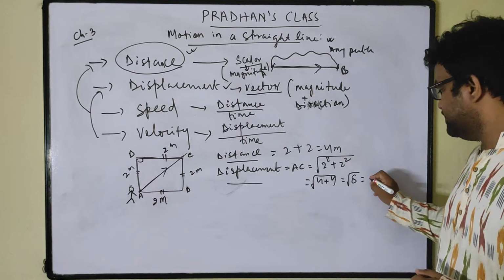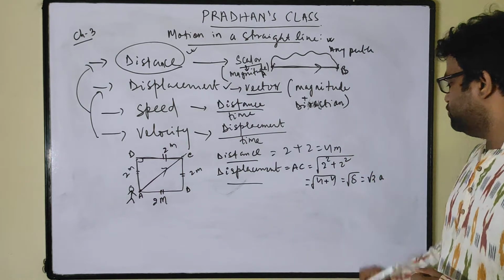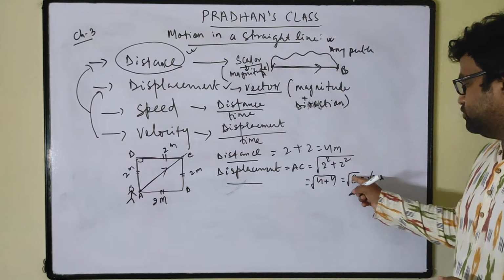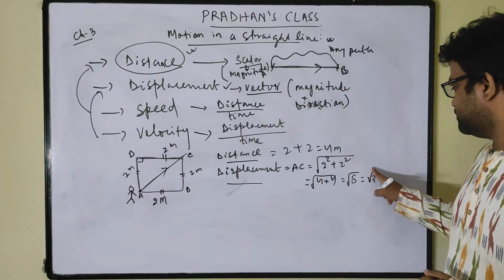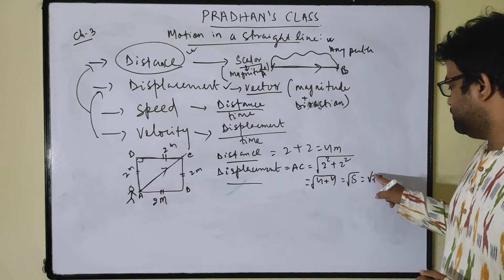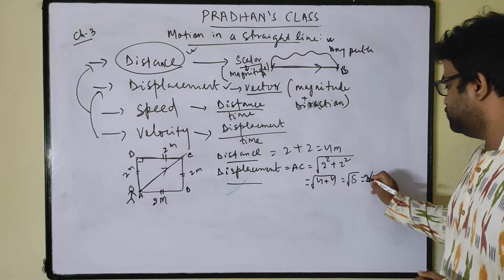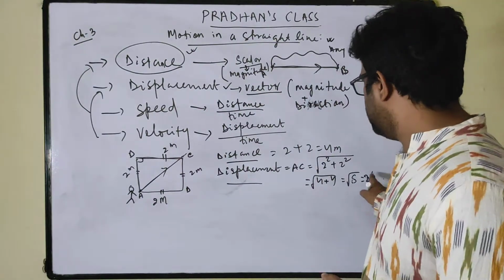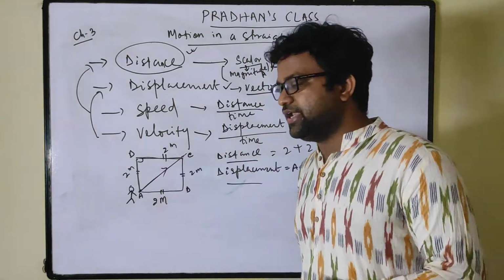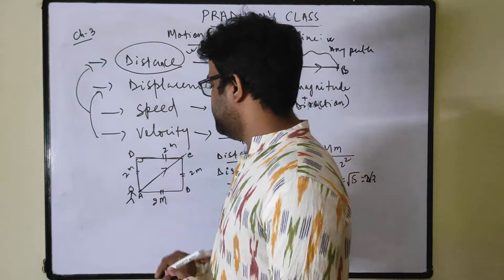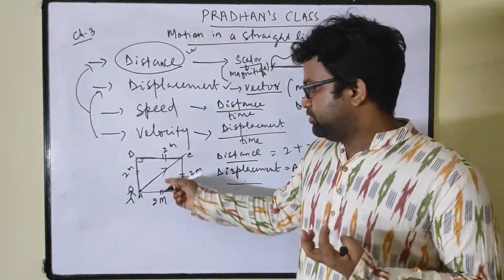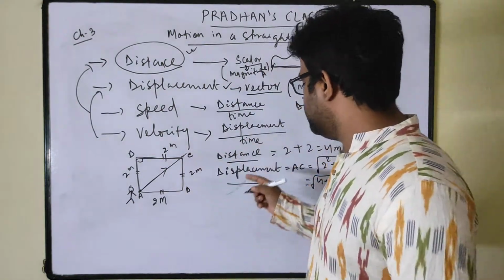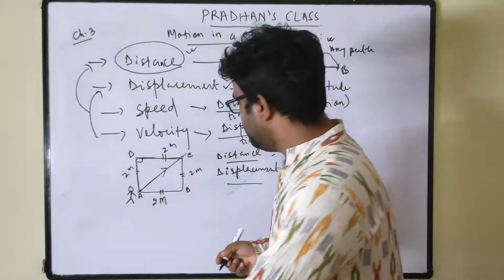Or you can say the formula is actually root 2 a. Root of 4 into 2, that is 2 root 2 here. The formula is root 2 a. Root 2 times a is the diagonal for your square, right?